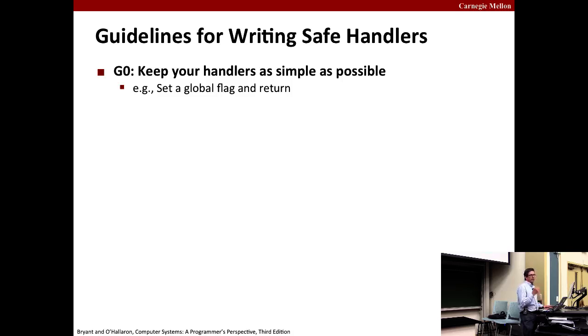For example, the simplest possible handler I can think of just sets a global variable, and then it returns. Okay. And in fact, the CMU CERT provides guidelines for compliant programs. And this is the only signal handler that they allow. This is the only compliant signal handler, one that just sets a global variable and then returns. Okay.